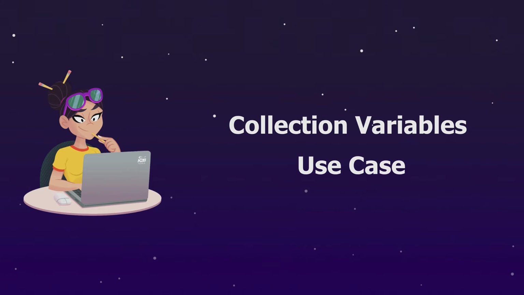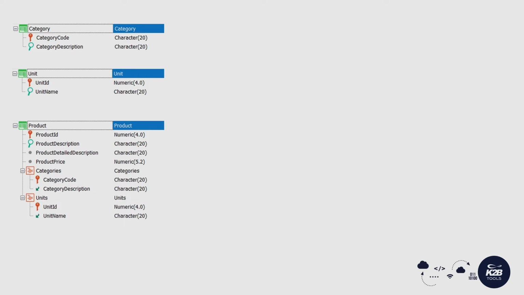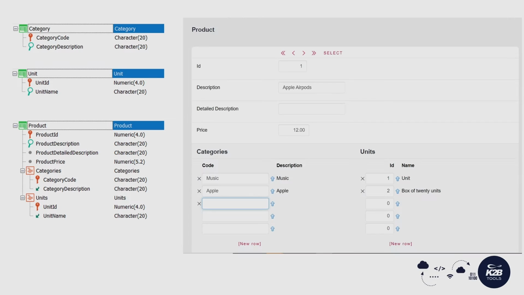I wanted to tell you a use case for the collection variables that I think is quite interesting for all GeneXus developers. Let's imagine that we have a category transaction, a unit transaction, and a product transaction that is relating products to categories and units. By default, if you try to do that, what will end up happening is that categories and units will be added in a grid.